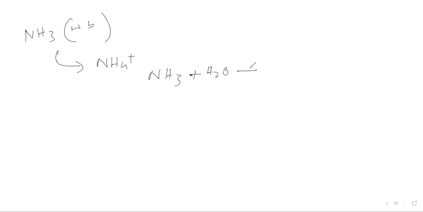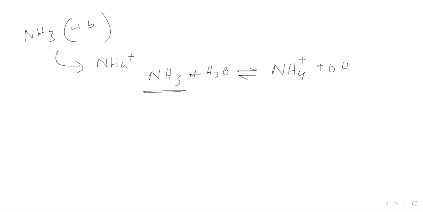Let's say ammonia. Now ammonia itself is a weak base. How does this happen? When ammonia ionizes, it forms what? NH4 plus. Now NH4 plus is a strong conjugate acid. Remember one thing: the component which works as a base, when it reacts and forms the product, let's say it reacts with water forming NH4 plus plus OH minus.